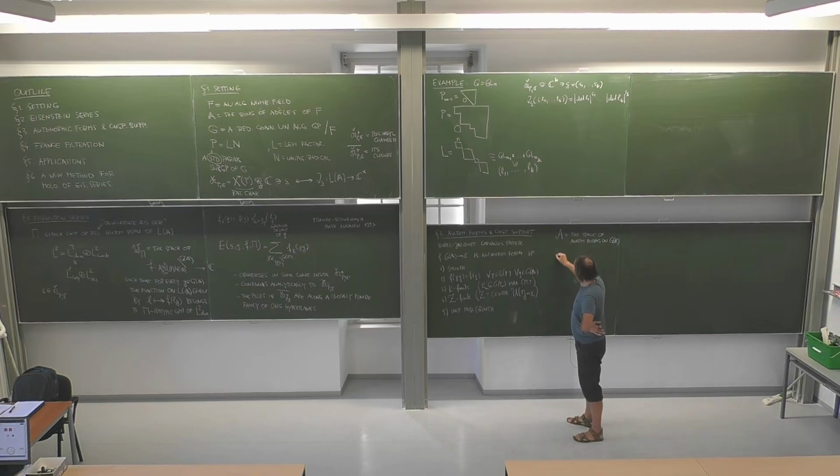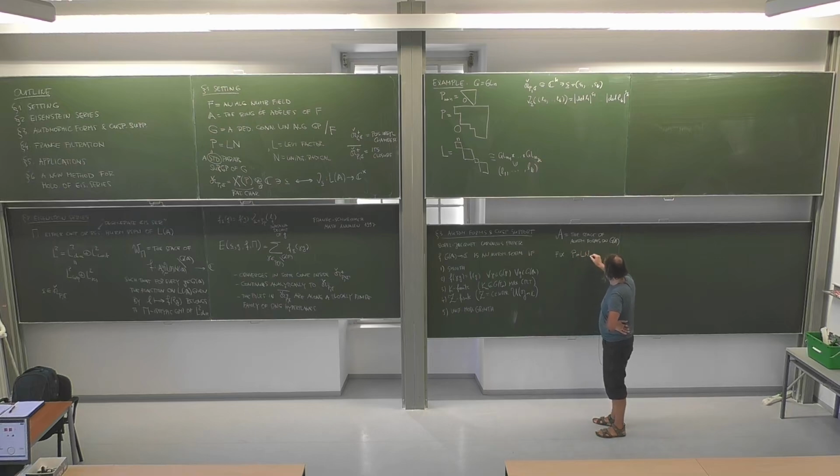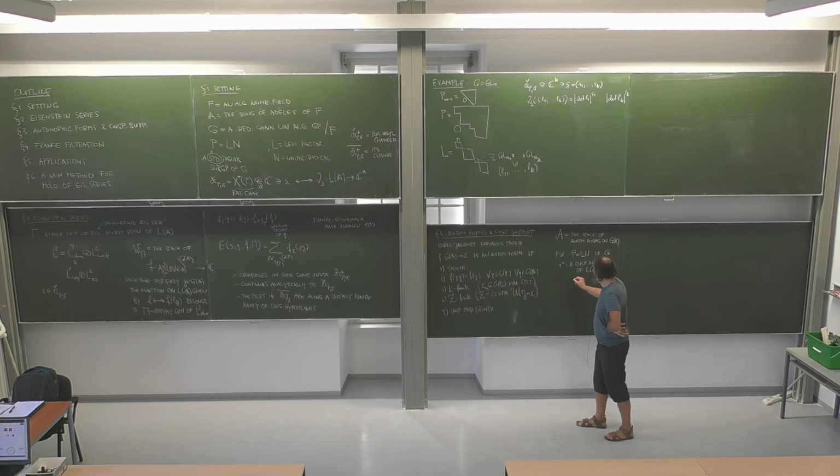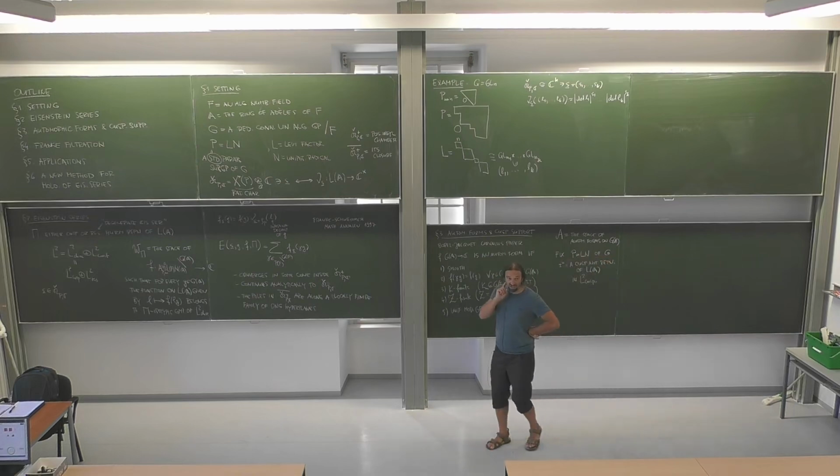So I fix a parabolic P with the Levi decomposition L times N of G, and then I fix pi_u to be a cuspidal automorphic representation of L(A), which is a component of L2 cusp in our previous notation.